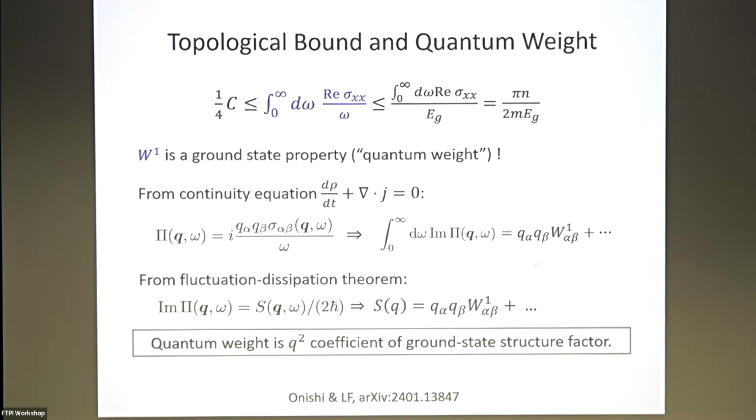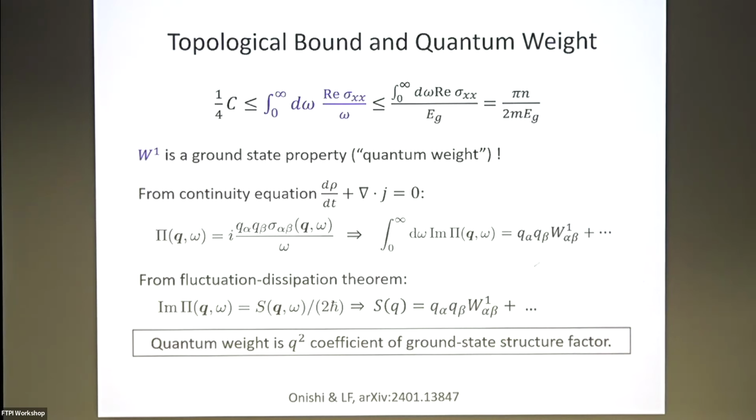And from the fluctuation dissipation theorem, we know that the density response is related to the dynamical structure factor. So when you integrate this over all frequency, we get the equal time density correlation, the static structure factor. So the punchline is that this quantity, the negative first moment, which I call the quantum weight, is actually nothing but the q squared coefficient of the ground state structure factor. So it's a manifestly ground state property.